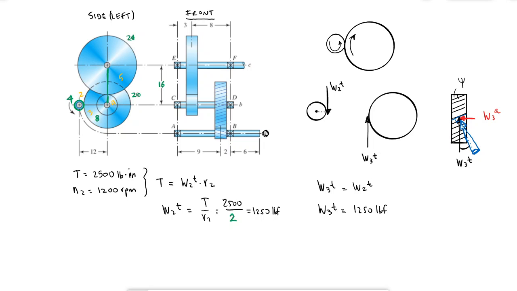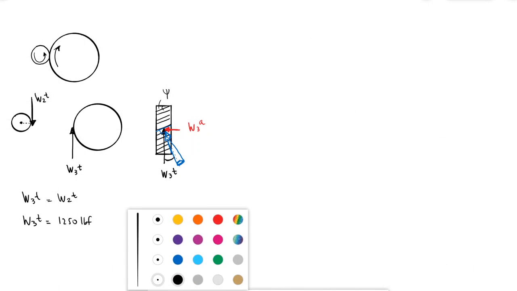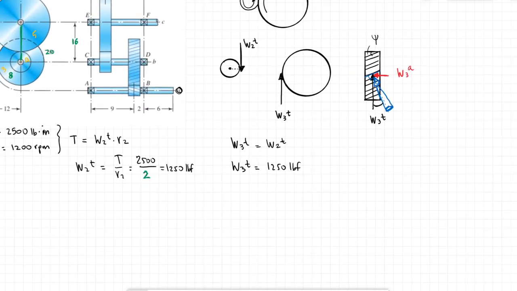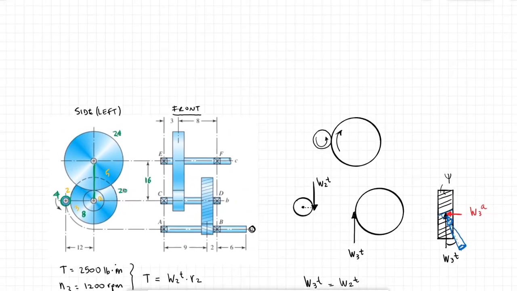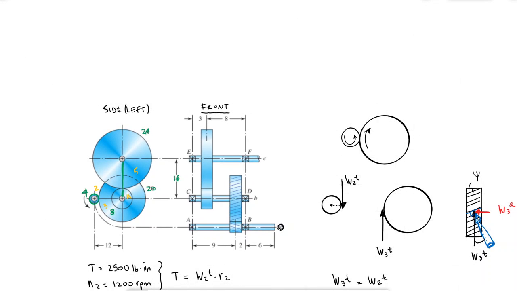So let's do a 3D drawing of how this looks. I'll try to do it right above the diagram so that you can compare.